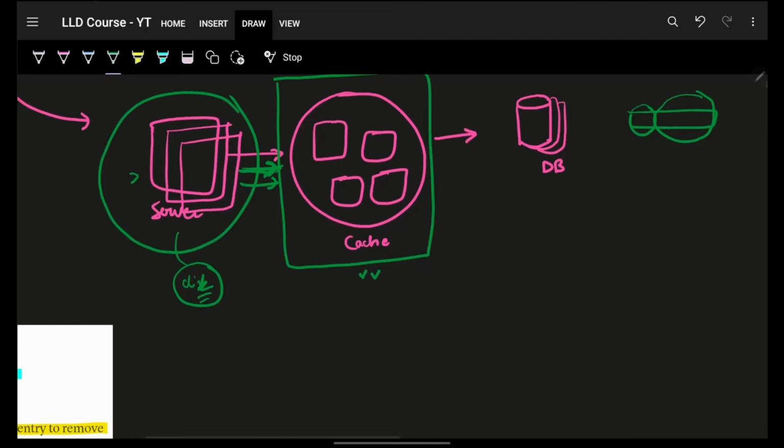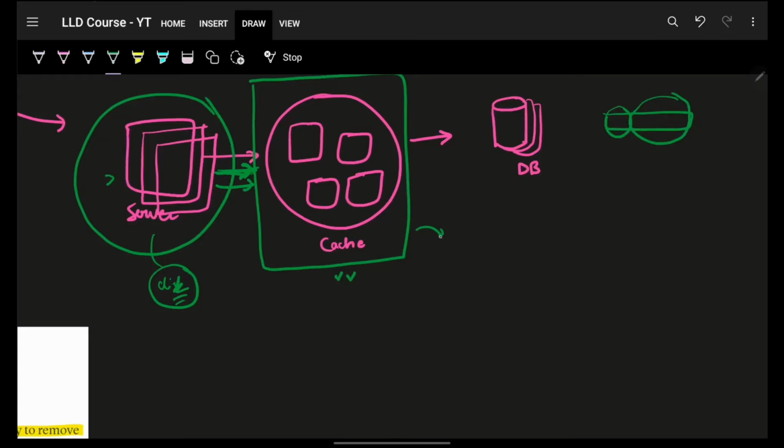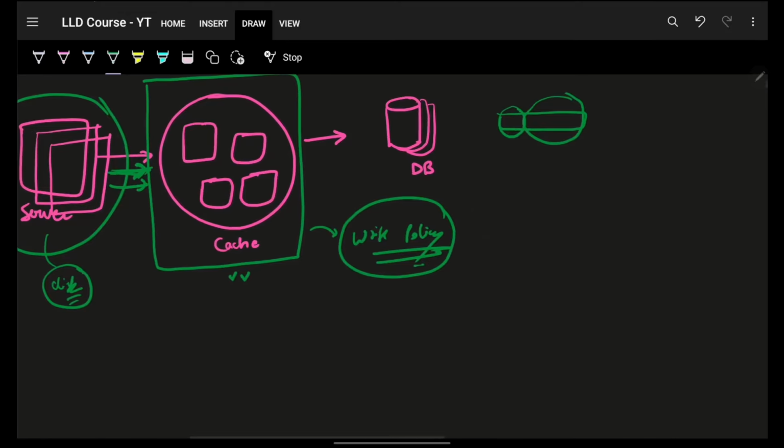Now, there are multiple write policies with which you can tweak the consistency. If you want a highly consistent system, you will choose a different write policy. If you want an eventually consistent system, you would use a different policy, and so on.